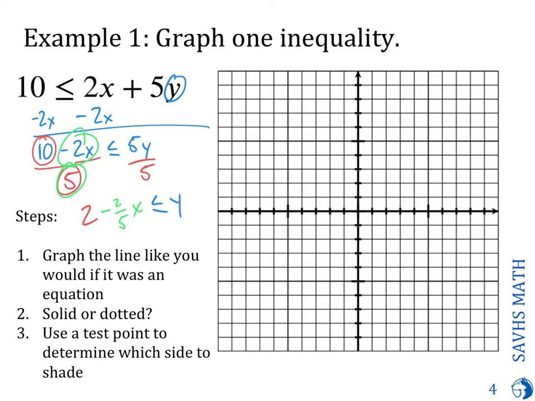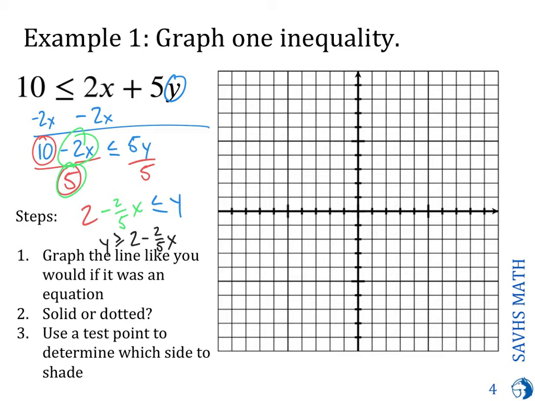If I rewrote this with the y first, I would write y is greater than or equal to 2 minus 2/5 x. So this looks like y equals mx plus b at this point, and I know I have the tools to graph that line.